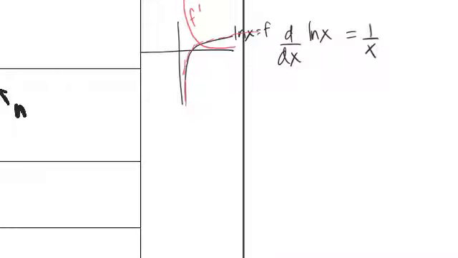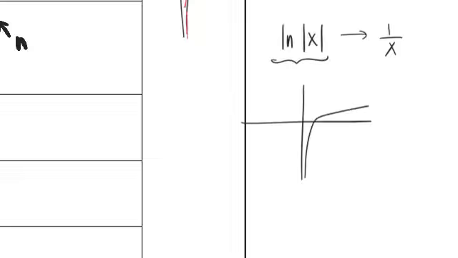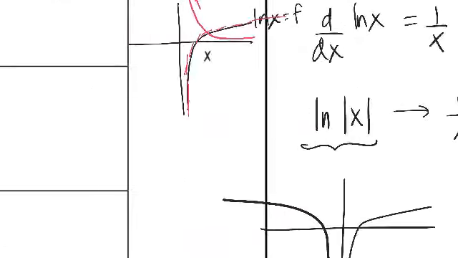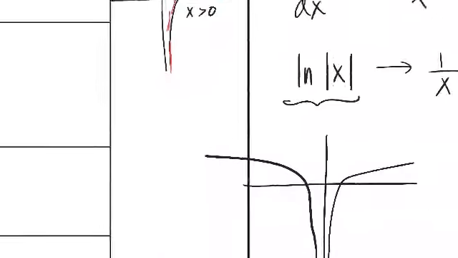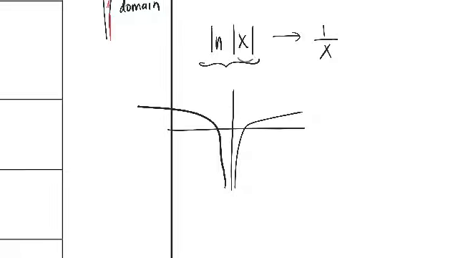All that we're saying is that if f is ln of the absolute value of x, then the derivative is also 1 over x, because this graph, ln absolute value of x, looks just like the ln x graph, except you can flip it on the other side, right? Usually we say the domain of the ln x graph is x greater than 0. But if you take an absolute value before you do the ln, well, then you can put in positive and negative numbers into the ln, right?